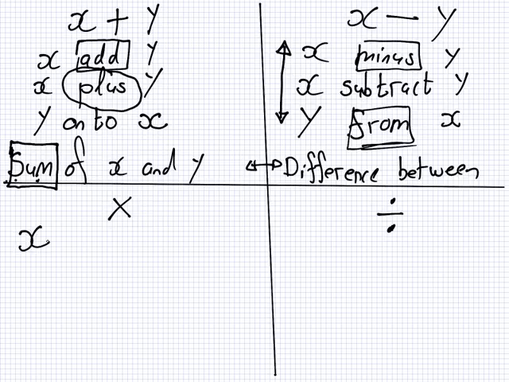X. Now, again, we have many, so I'll go with X times Y. That's one of them.